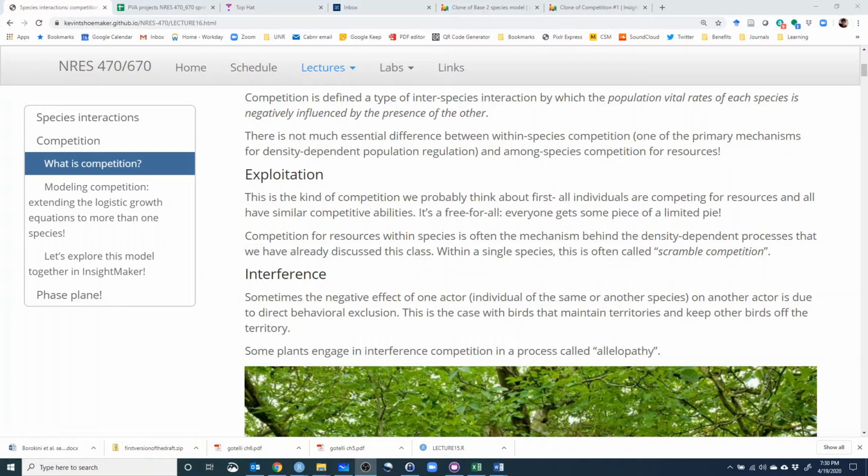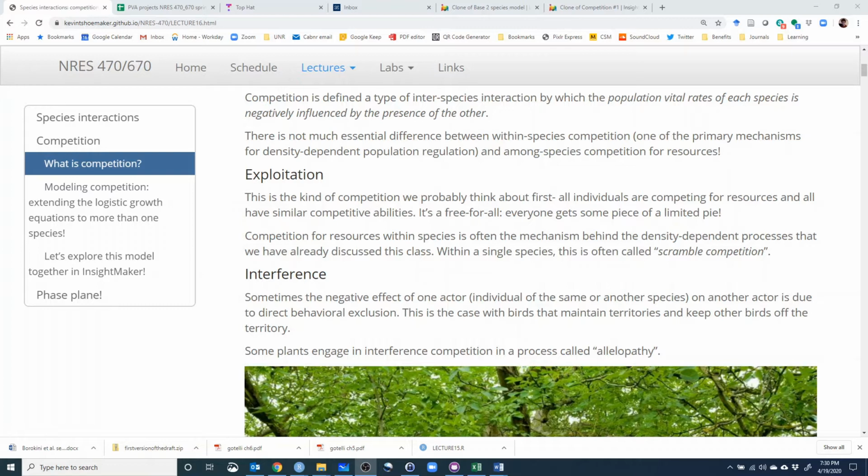So interference competition is where one individual excludes the other. So there may be a limited pie, but it's not first come, first serve. It's not a scramble competition. One individual takes the whole pie and one individual gets nothing because one individual is stronger or is able to keep that other individual off the resource entirely.